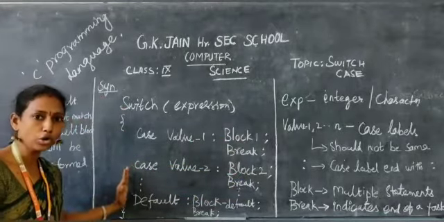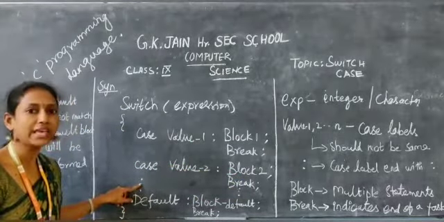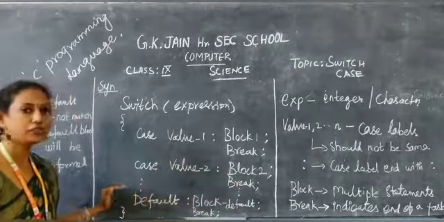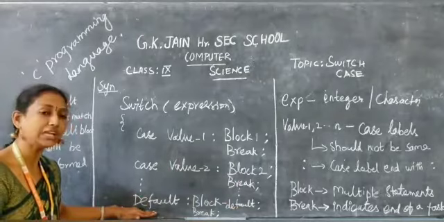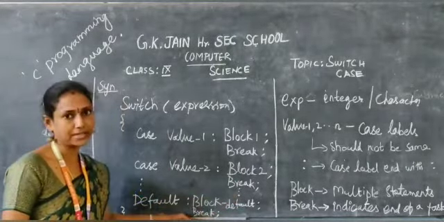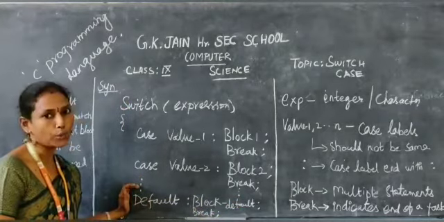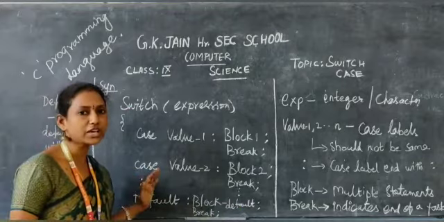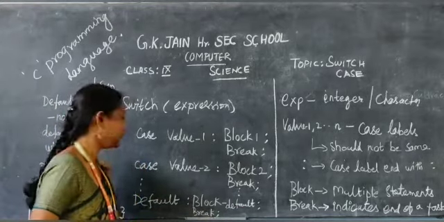And if you have more options, you can give case, value 3, block 3 and break. And finally, you have to give the default block, default, break. This default is an optional thing. If you want, you can give the default, otherwise you can leave this.